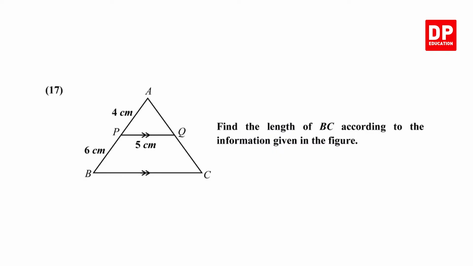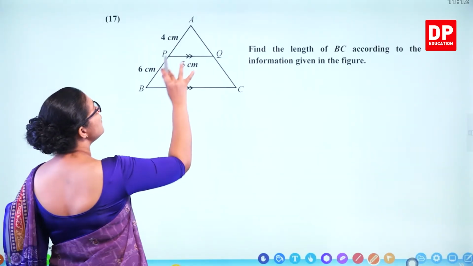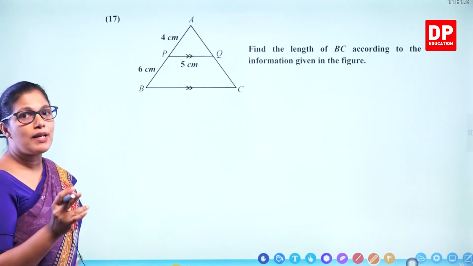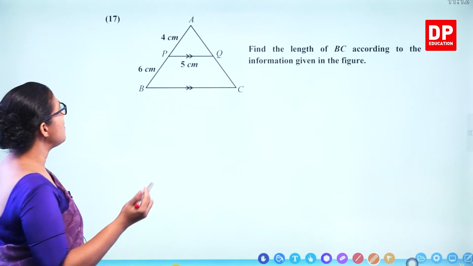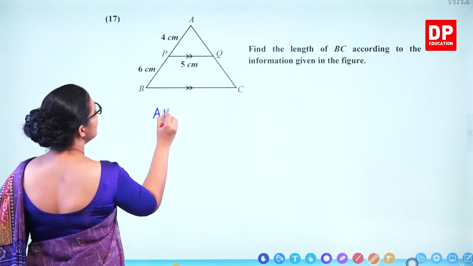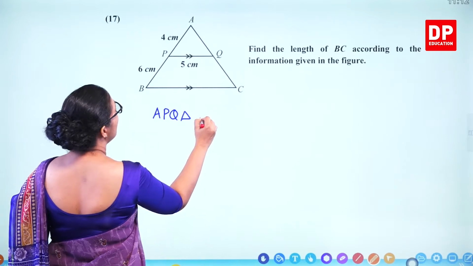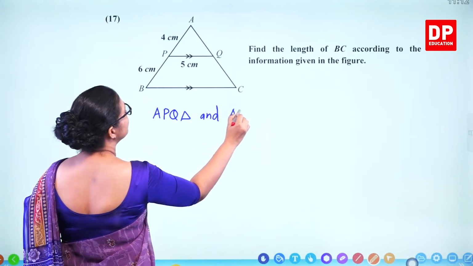Question number 17. Find the length of BC according to the information given in the figure. So we know these two are equiangular and these two triangles are similar, APQ and ABC.